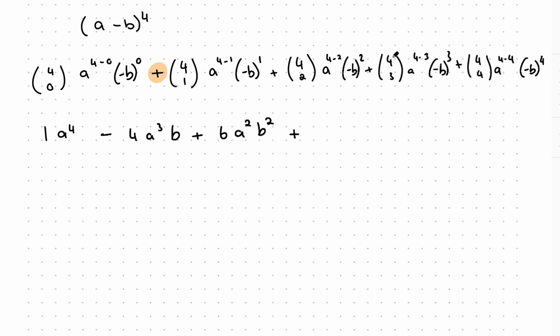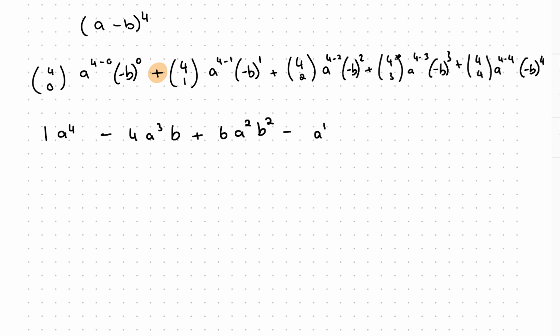Plus then, we're on to the next one. 4 choose 3. And then it's going to be a to the 4 minus 3, which is 1. Now, minus b cubed. If it's to the power of an even number, it's plus. If it's to the power of an odd number, it's minus. So this actually needs to go to minus.